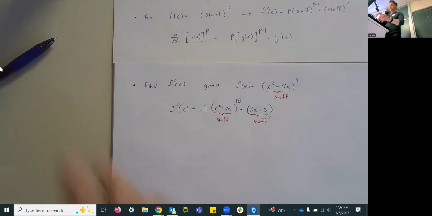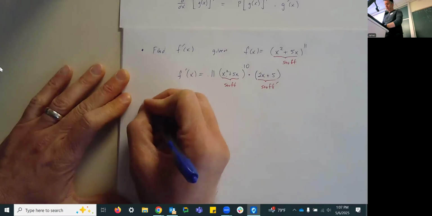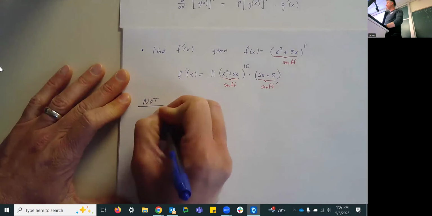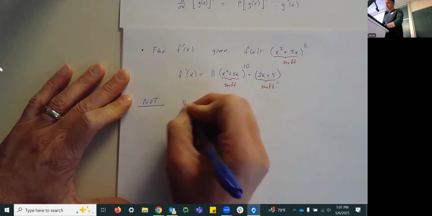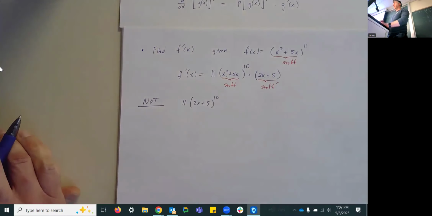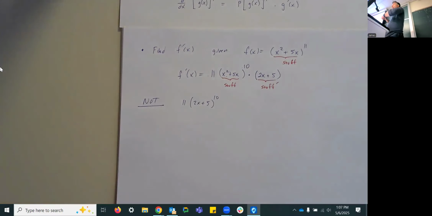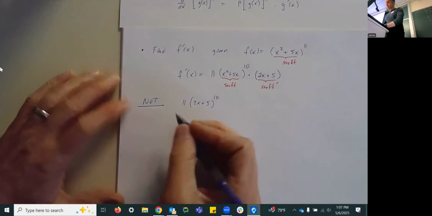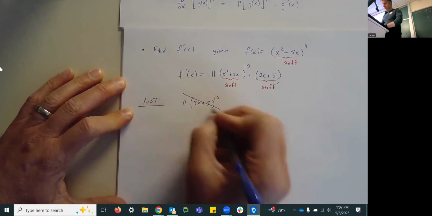I want to make it super clear, because I've seen this mistake too many times. The answer here is not 11 times 2x plus 5 to the 10th power. The inside stuff has to get left alone and show back up in our derivative. And then after that is when you multiply by the derivative.